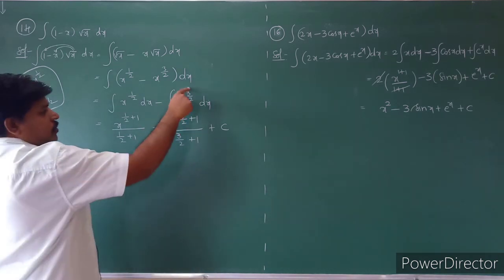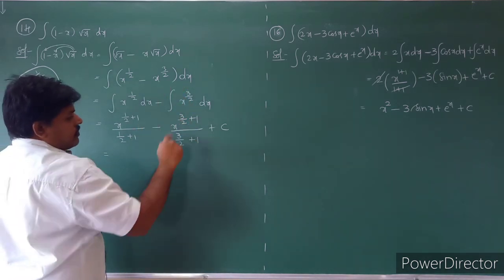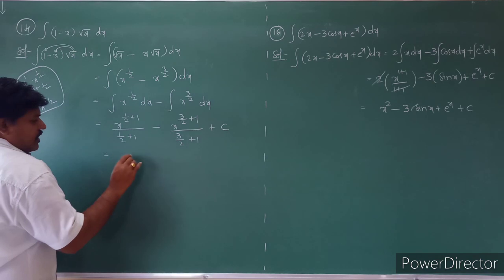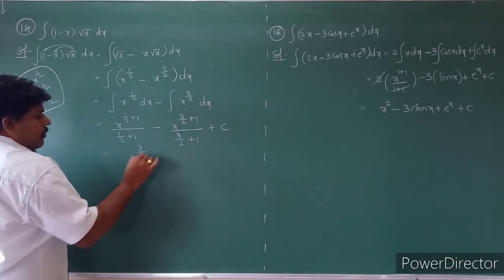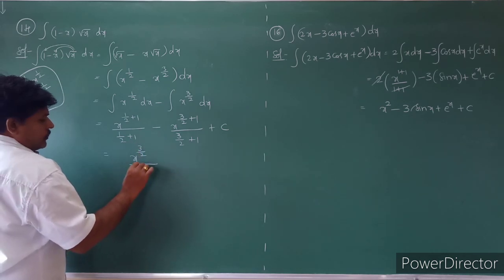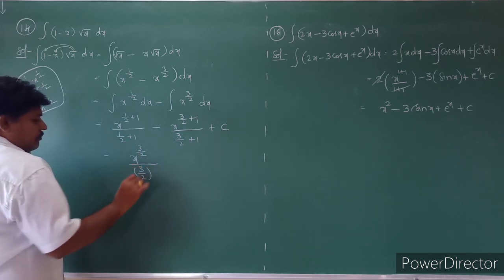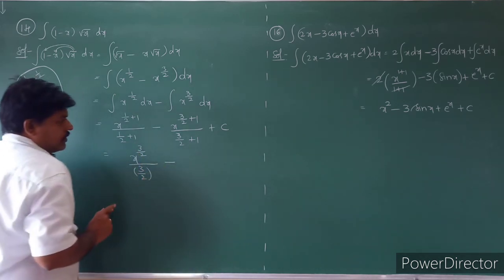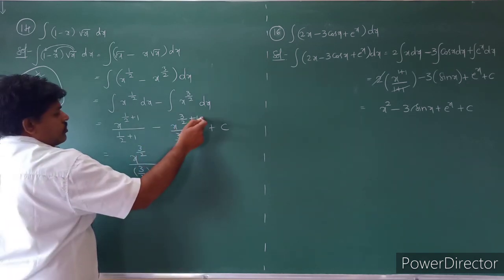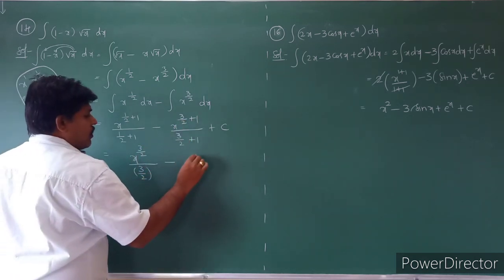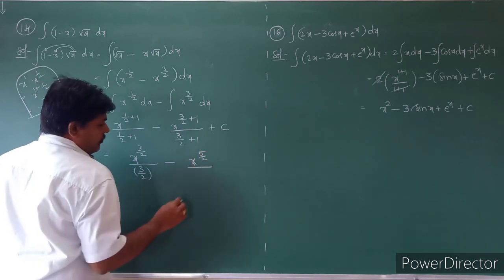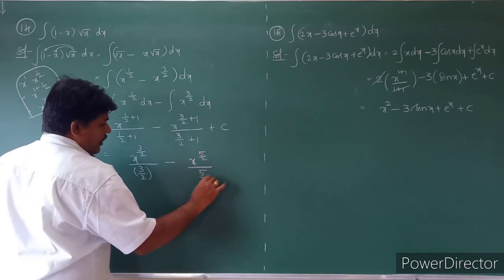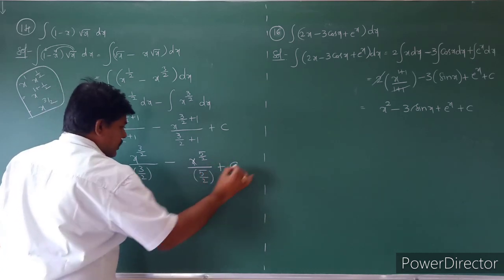It is also the same. Take the LCM: x power 3 by 2 by 3 by 2, minus, 3 plus 2, 5 by 2. So that is x power 5 by 2 by 5 by 2 plus c.